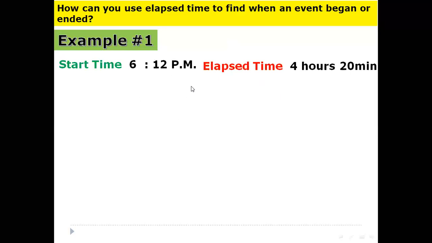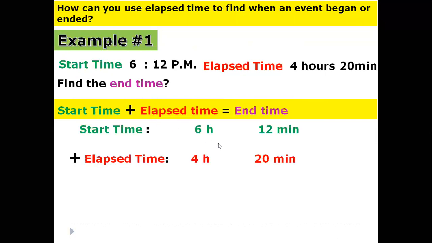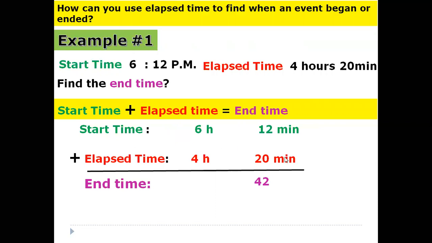But if you don't want to work with that mentally, you can do it by working the calculation. To find the ending time, if you have the start time, you just add the elapsed time. Remember, hours over hours, minutes over minutes. So when you add them, 12 plus 20 is 32, 6 hours plus 4 hours is 10 hours.